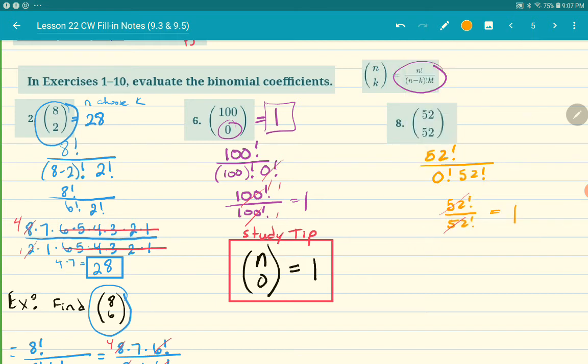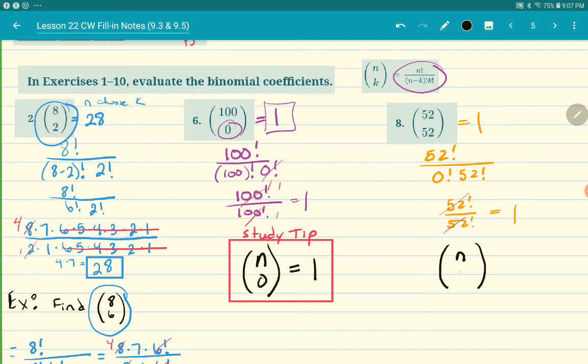Okay, so the formula gives me 1. Now think, if I have a group of 52 people and I have 52 slots to fill, then everybody gets chosen. And there's only one way to choose everybody, and that's by choosing everybody. So I wouldn't really need to do the formula for that one, because I know another study tip: if I'm going to choose everybody, then there's only one way to do it.